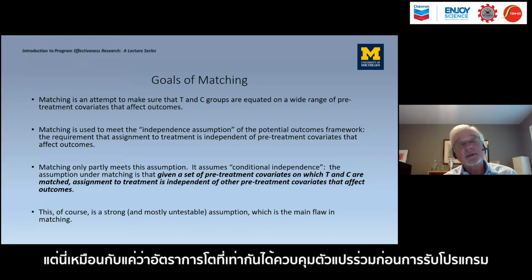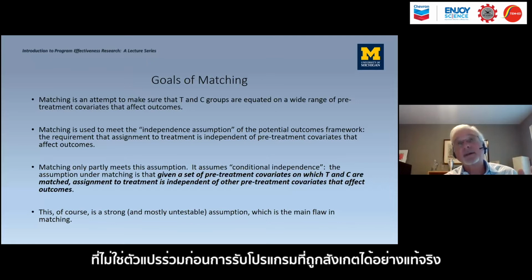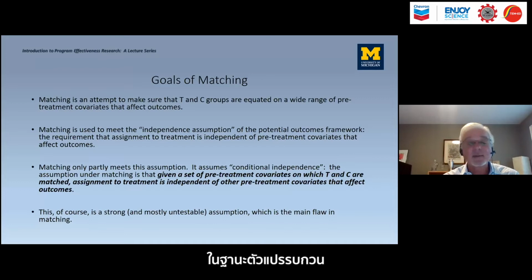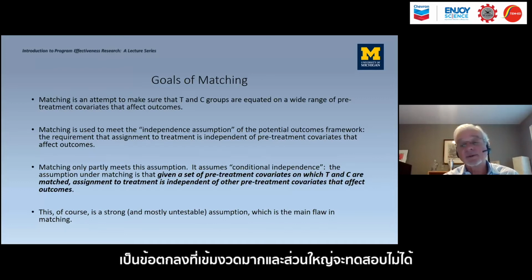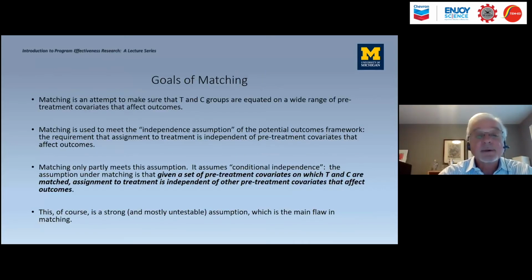But just like the notion that equal growth rates has controlled for pre-treatment covariates, the notion that matching actually gets rid of other than observed pre-treatment covariates as a nuisance variable is a very strong assumption and mostly untestable, and it's the main flaw in the matching procedure.